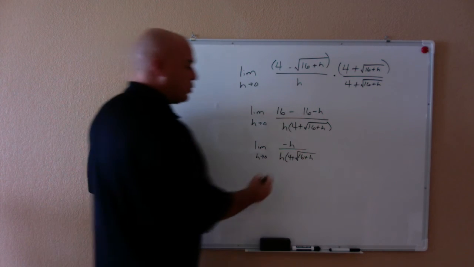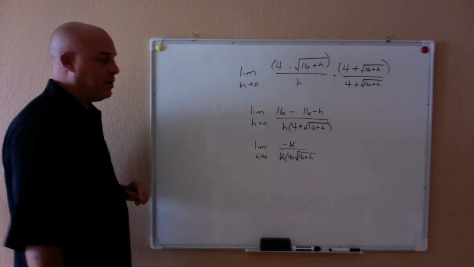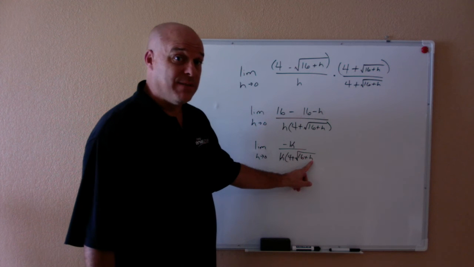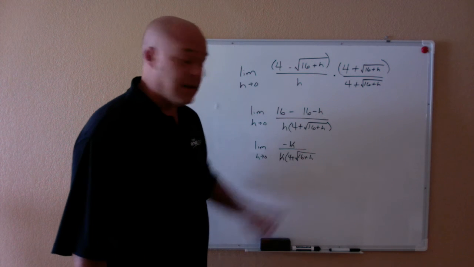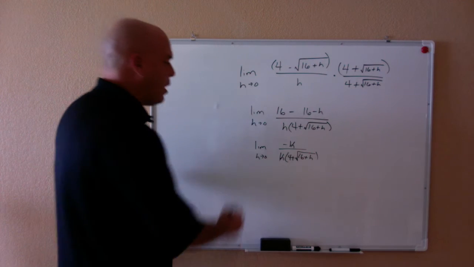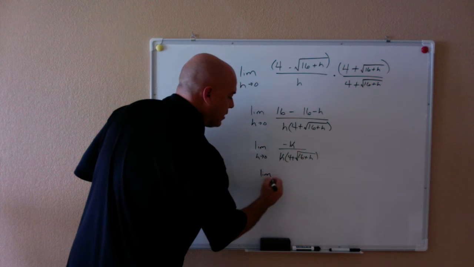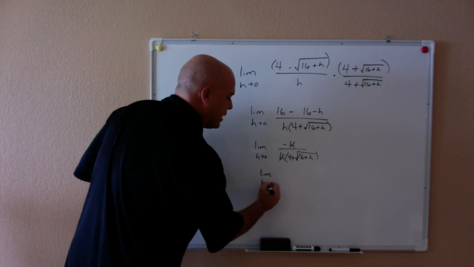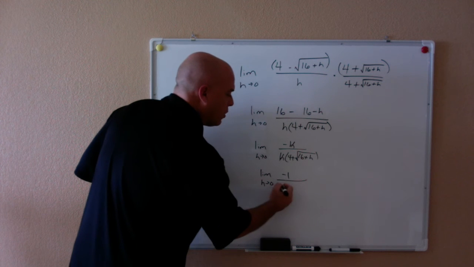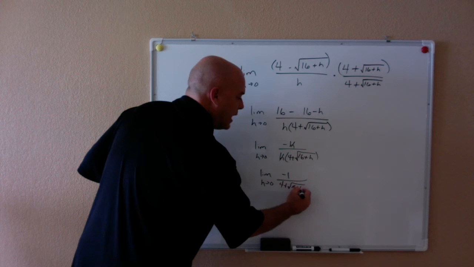Now, the h's will cancel. That h cancels that h. That gets rid of my 0 in the denominator. It doesn't get rid of all of my h's in the denominator, but notice that when I plug in 0 here for h, I'm not going to get a 0 in the denominator as a whole. So it's not going to cause me a problem. So now that I've got that canceled, I can say, okay, that's the limit as h tends to 0 of -1 over 4 plus the square root of 16 plus h.